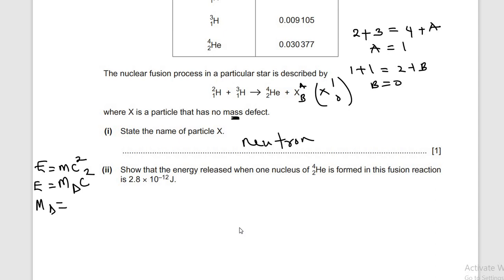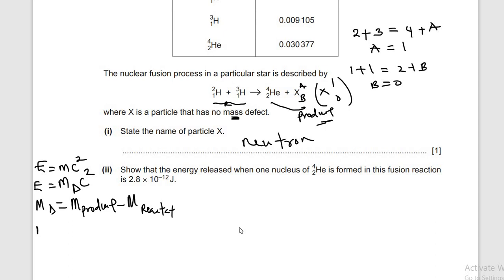From this equation, it will be mass of the product minus mass of the reactant. In this case, the product is only helium because neutron is massless, and the reactants are the isotopes of hydrogen, tritium and deuterium.